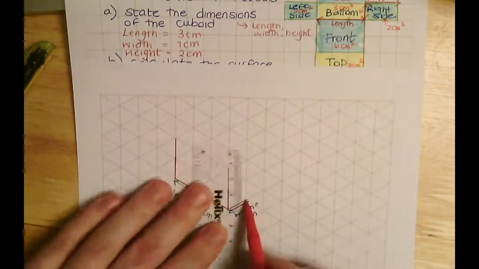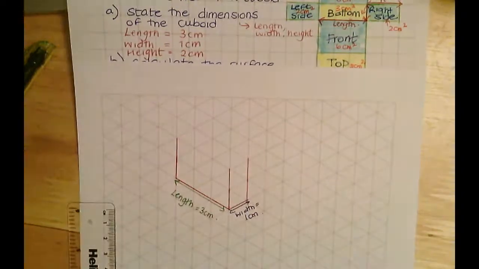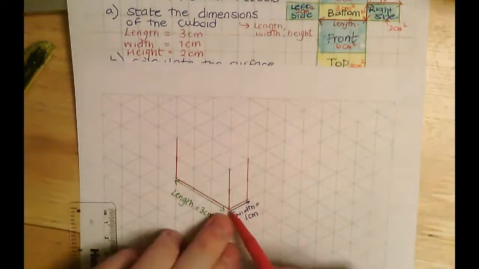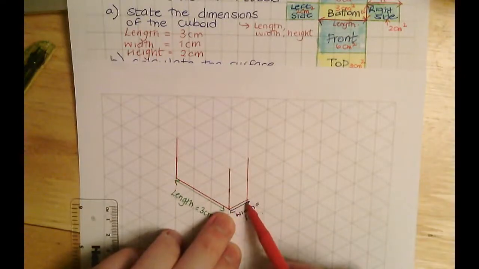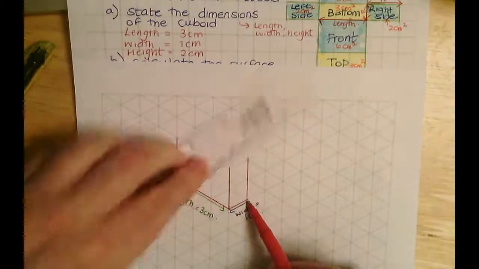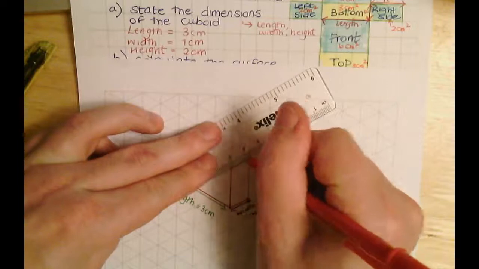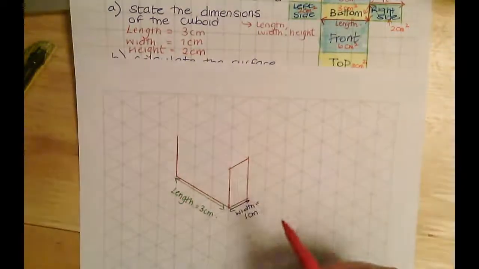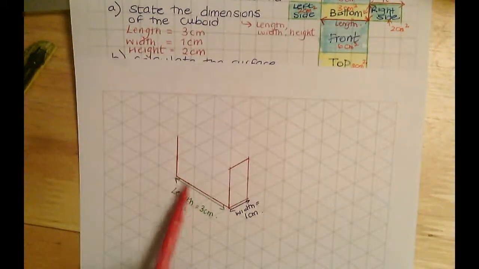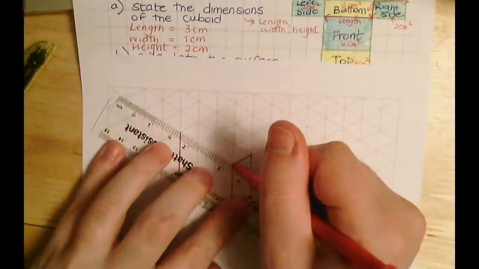From this point here, 1, 2. Now this has a width of 1, which means that length there must be exactly the same as that length there, so I can join that up. Again, this length here must be the same as this length here, so I can join that up.